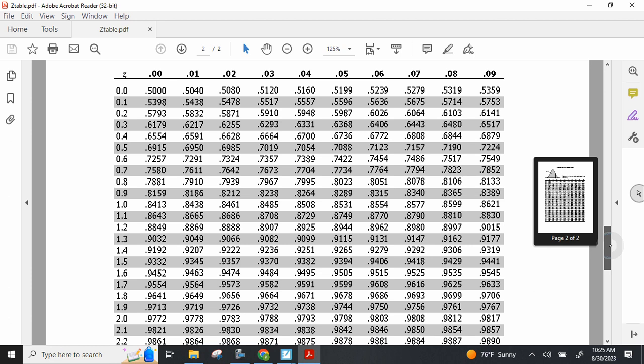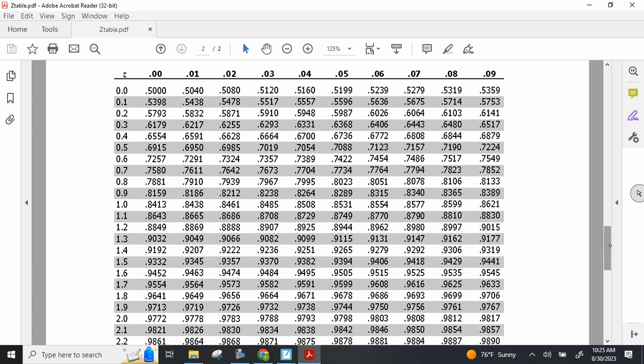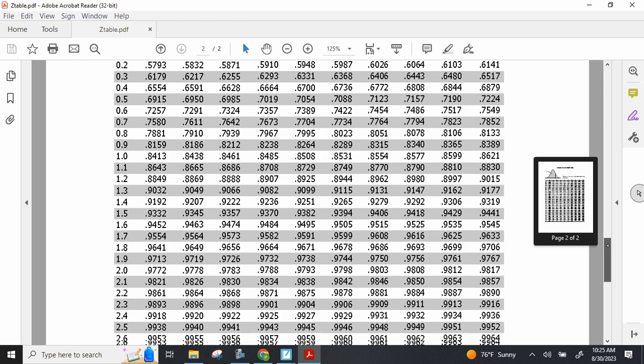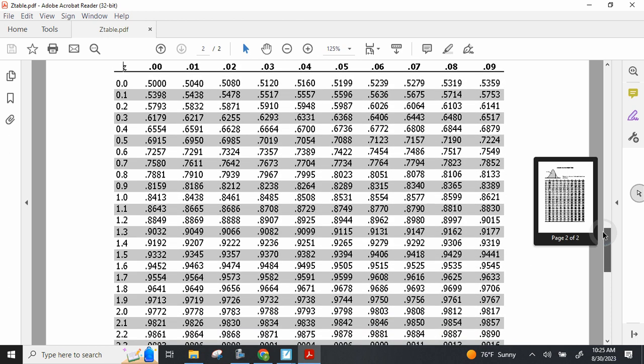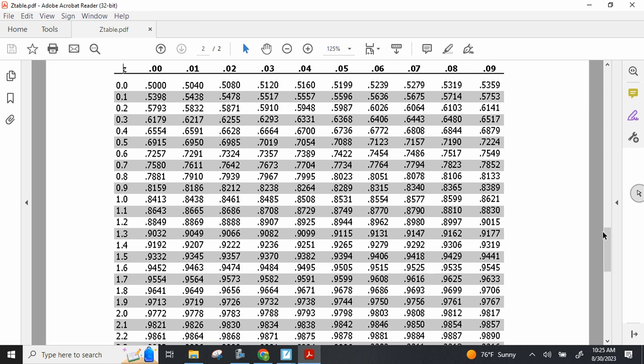All right, where's 2? Oh, there it is. So I am looking for 2.00. So I'm lining them up, and my percentile is 0.9772.